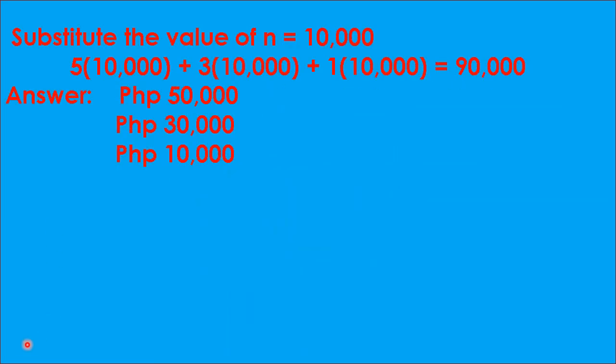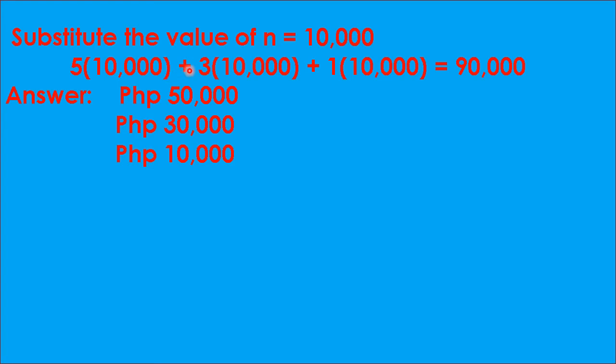Then substitute the value of n. So n is equal to 10,000. We are going to substitute 5 times 10,000 plus 3 times 10,000 plus 1 times 10,000 is equal to 90,000. This is the equation.